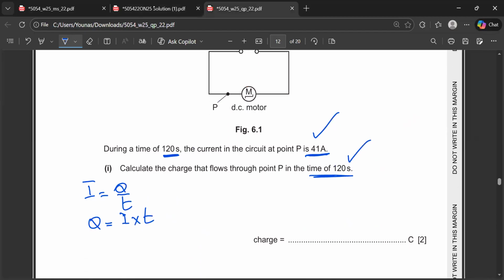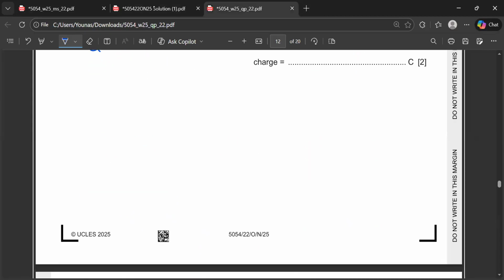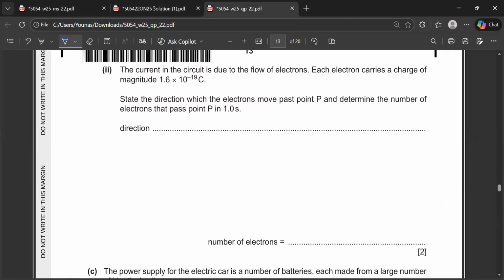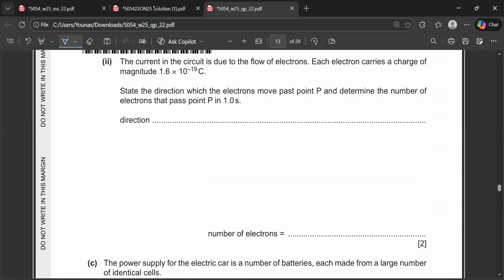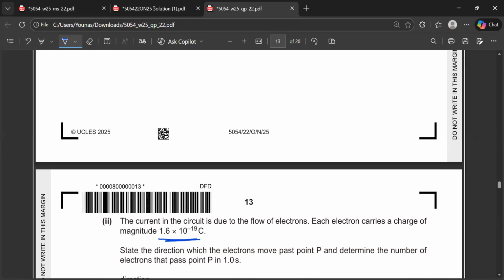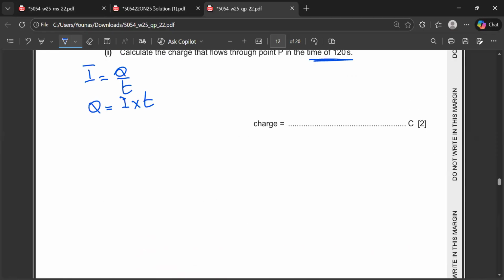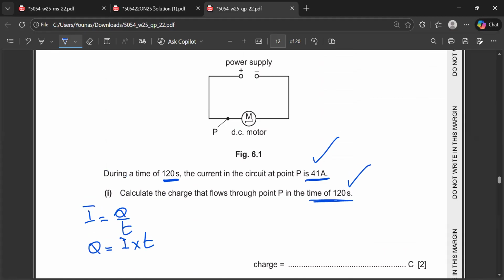Next, question number 6, and its next part says the current in the circuit is due to the flow of electrons. Each electron carries a charge of this magnitude. State the direction in which the electrons move past the point P and determine the number of electrons that pass point P. So we are not now talking about the conventional current, we are talking about the electrons.